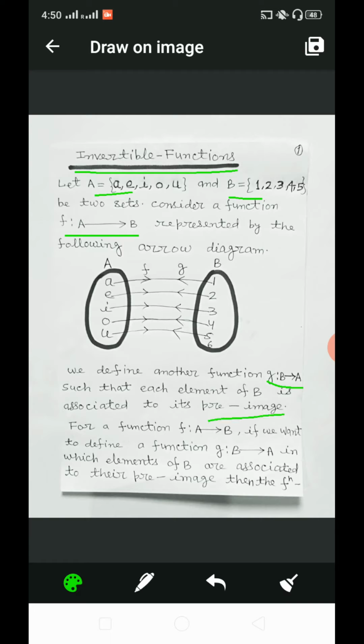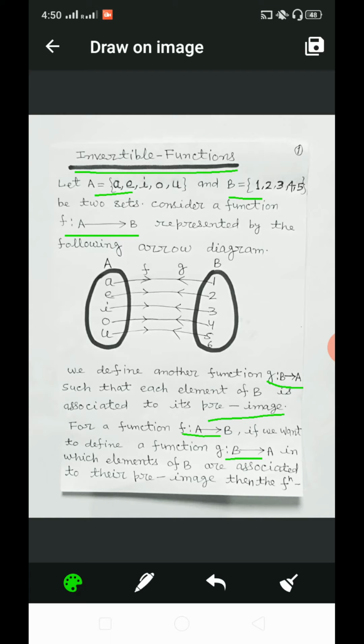Dear students, now let us find in which conditions it is possible to define functions f from A to B and g from B to A. Suppose that set B has one more element, say 6.